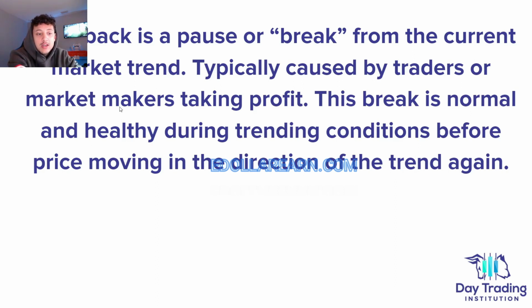This break is a normal and healthy movement during trending conditions before price starts moving in the trend again. So let's just say the market is trending bullish, we're going to have a bearish pullback. That's normal. It doesn't mean that the trend has died. This is why we understand market structure, so that we know when the trend has died, but a pullback is normal, right?